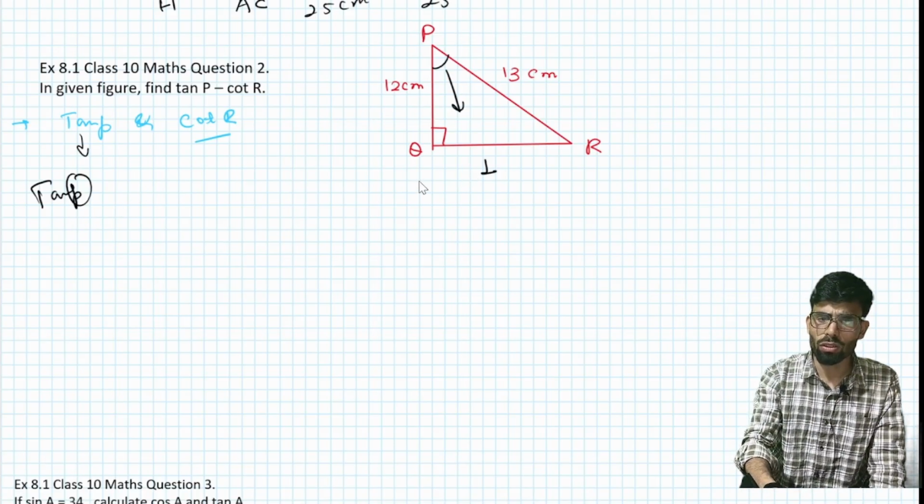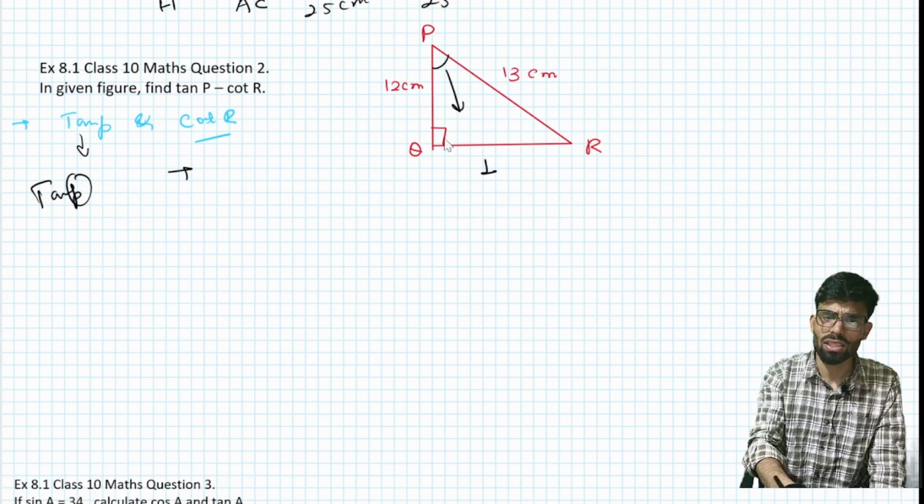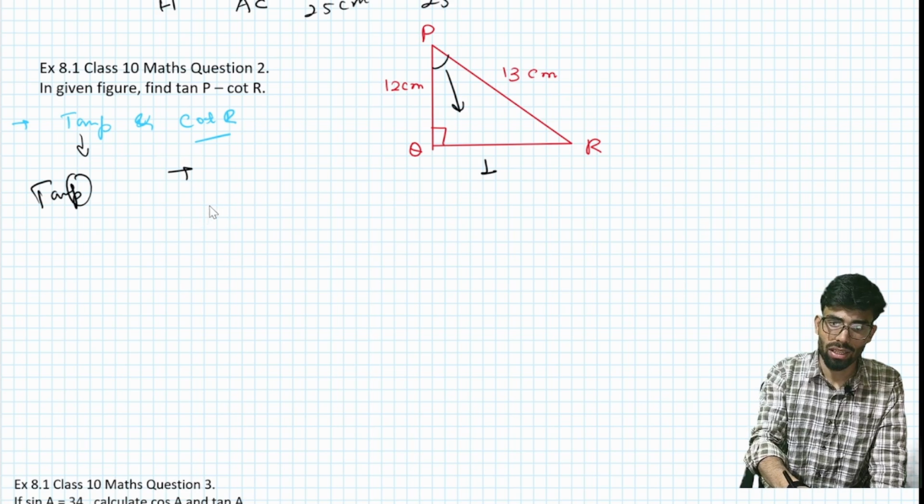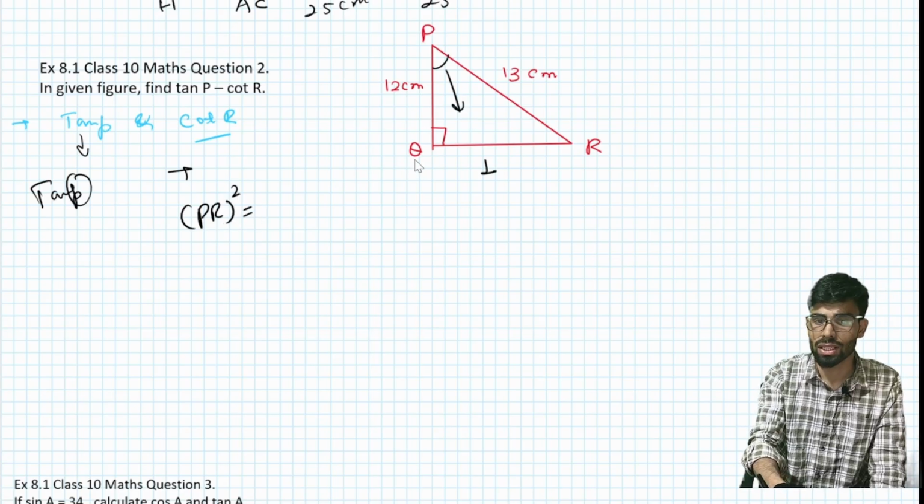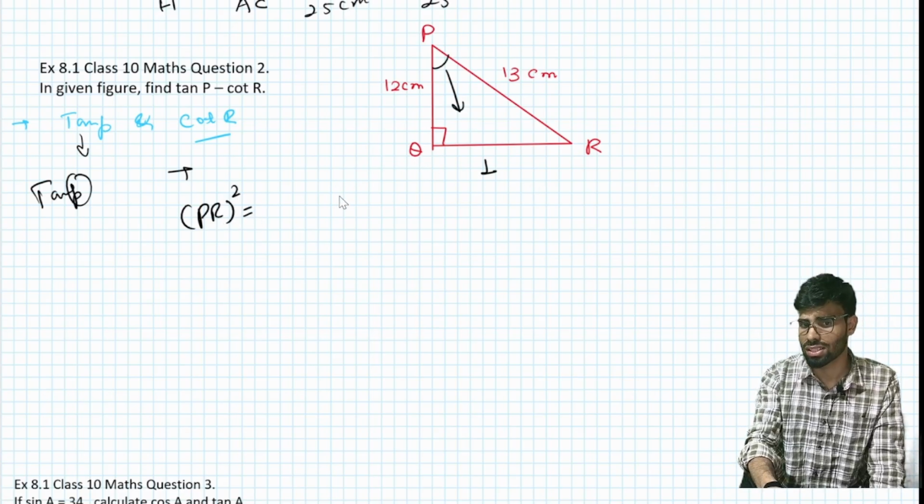In order to deduce the third side of this right angle triangle, we will use the Pythagoras theorem, which tells us that the square of the hypotenuse is equal to the sum of the squares of the other sides.